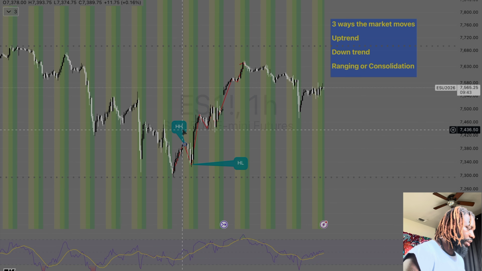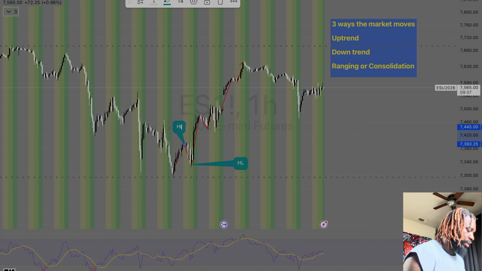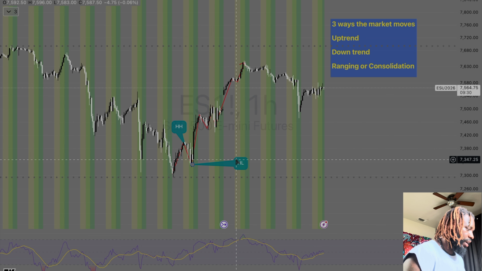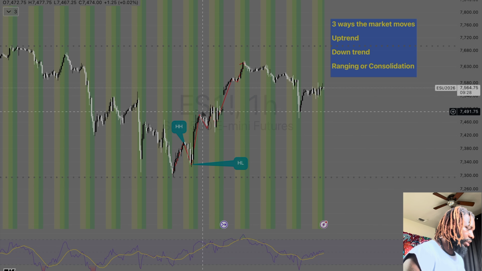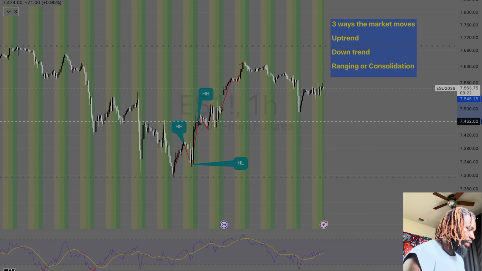Then right here, well, I'm just gonna call this a high for now. Actually, it's okay, I'll call it a higher high. So we made a higher high, higher low. We made another higher high right here.